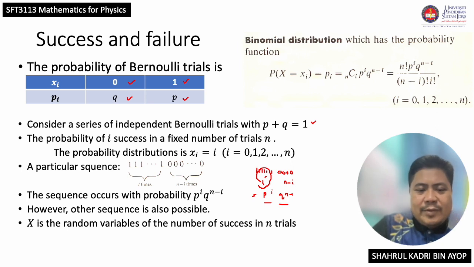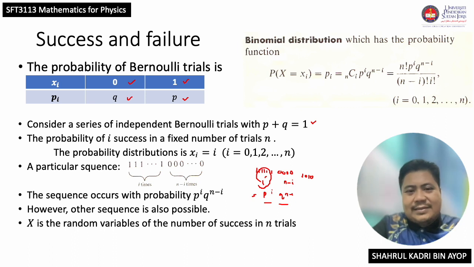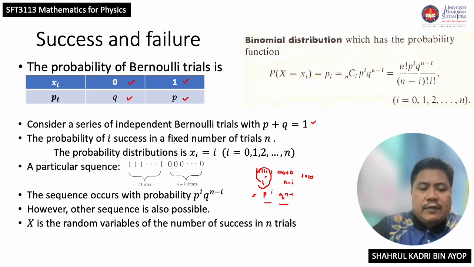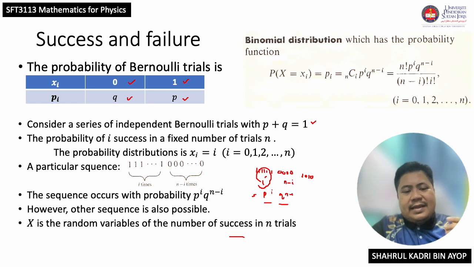But we may also have another possibility, 1 0 1 0 and so on. So we can have many combinations of sequences of failures or successes. So in that case, if X is the random variable of the number of successes in n trials, so if we have many trials and X is how many successes we get, we can calculate the probability for that number of successes to occur.